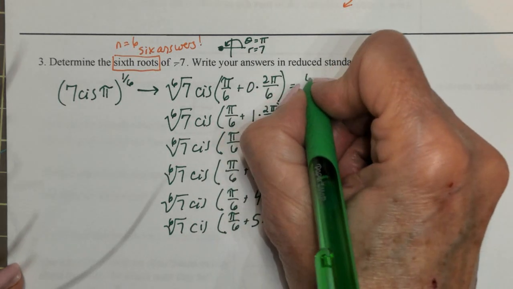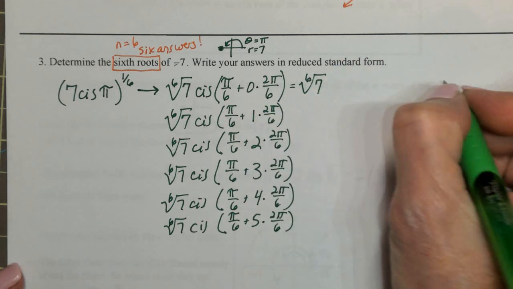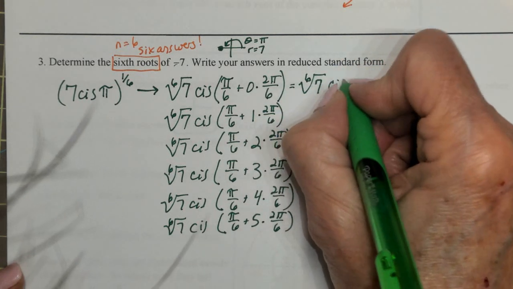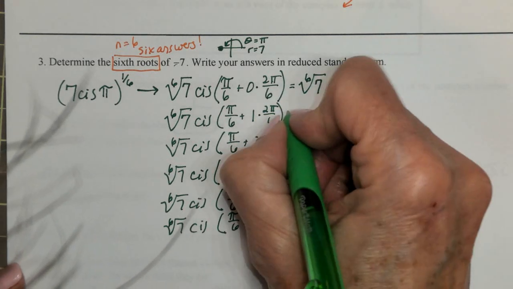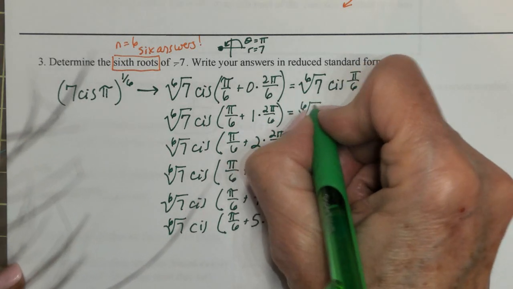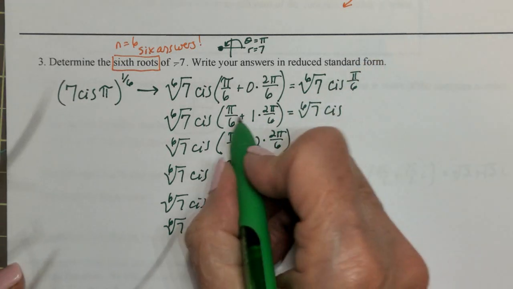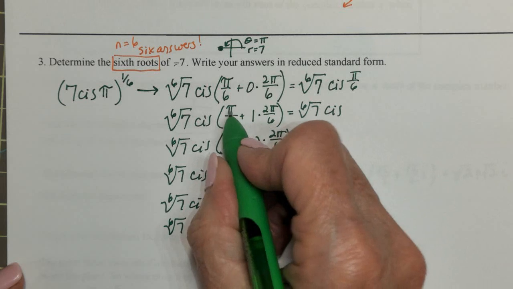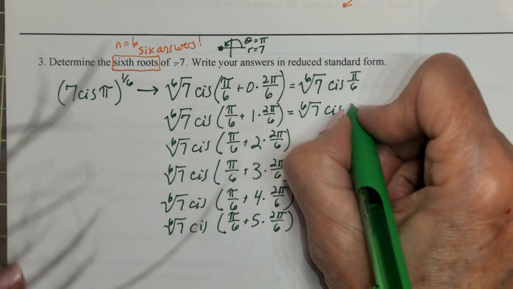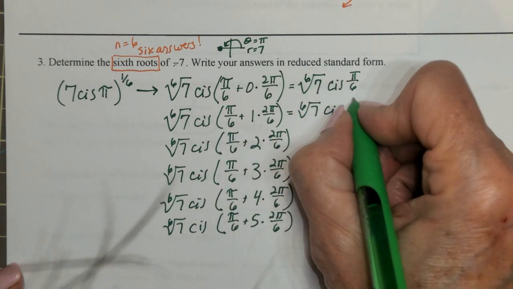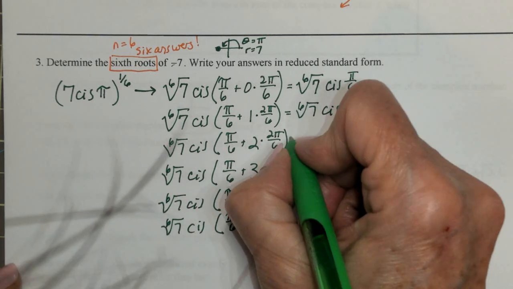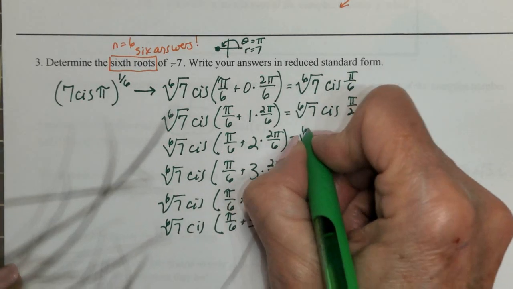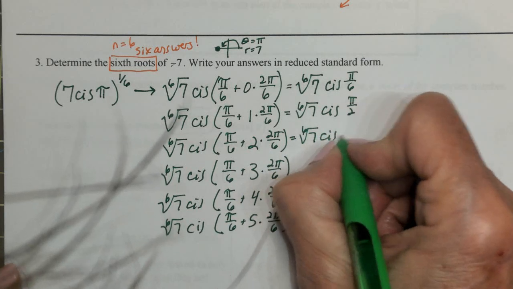Okay, let's clean up. This sixth root of 7, cis pi over 6. The sixth root of 7, cis. 1 times 2 is 2, plus that 1 pi is going to be 3 pi over 6, which is pi over 2. 6th root of 7, cis.